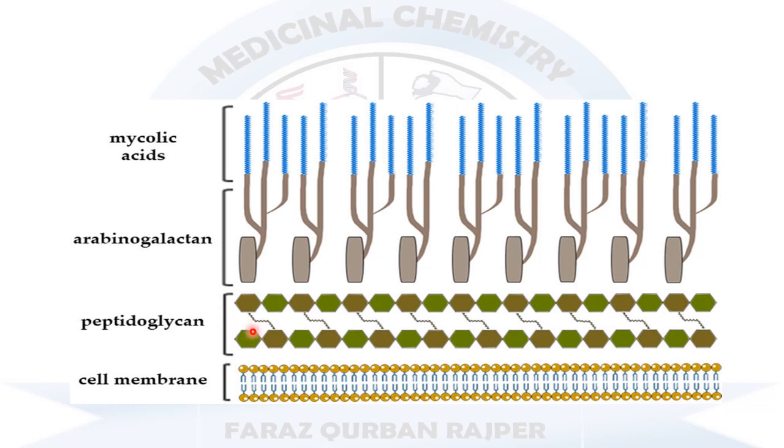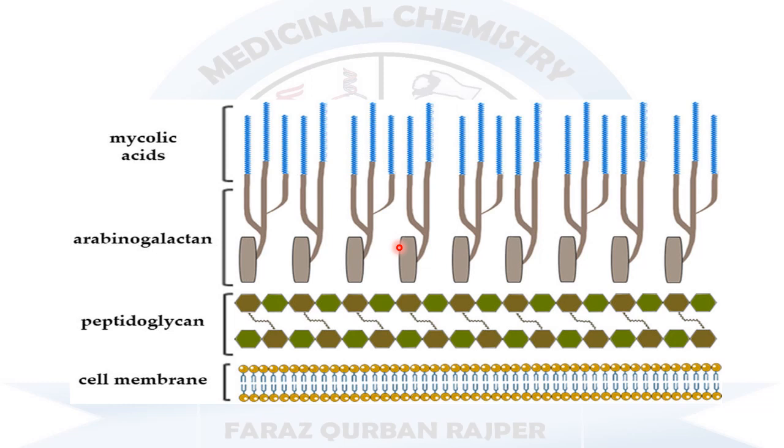Some of them are the protein molecules that are basically the linkages of the peptidoglycan. You may observe there are sugar molecules present in the cell wall of the Mycobacteria, that are nothing but the arabinogalactan. Arabinogalactan are carbohydrate molecules that are present in the cell wall of Mycobacteria species.